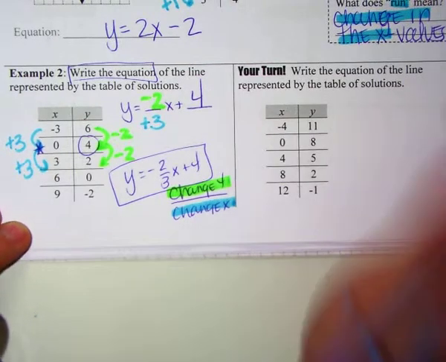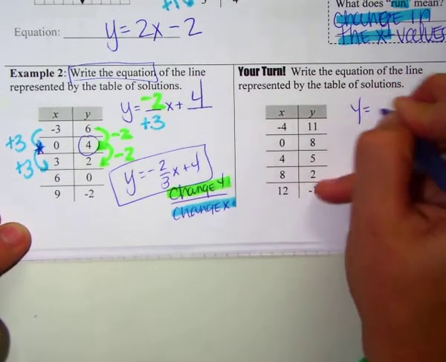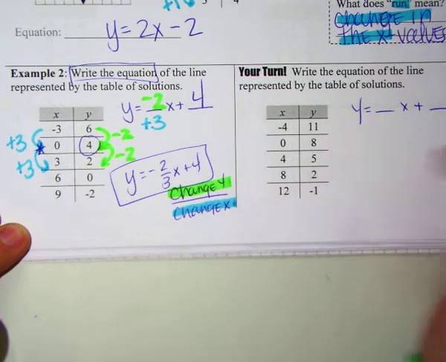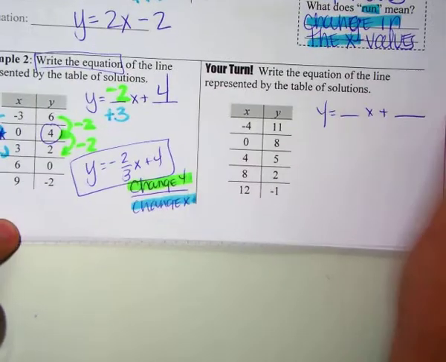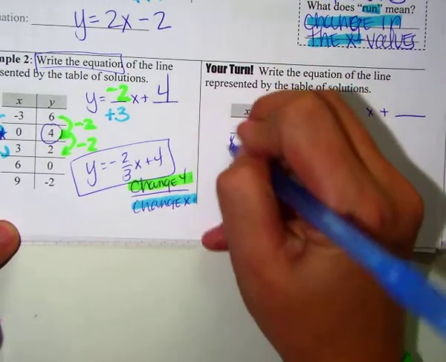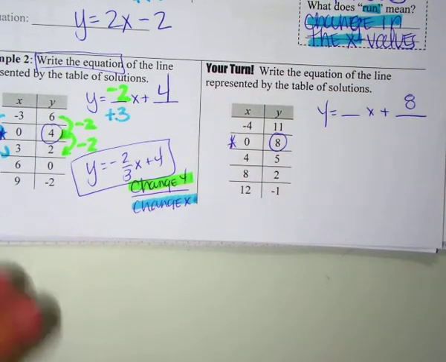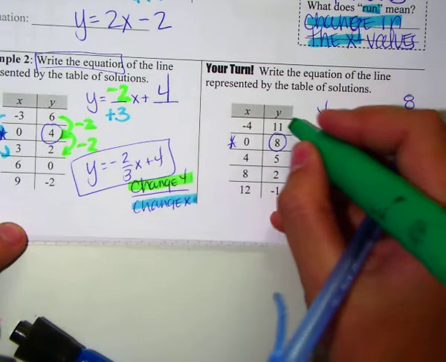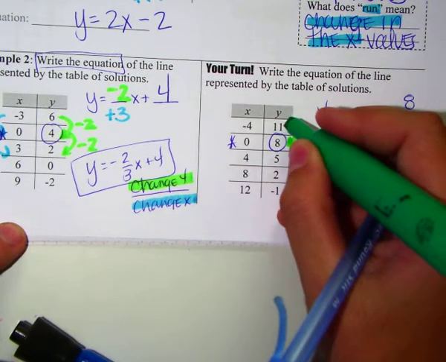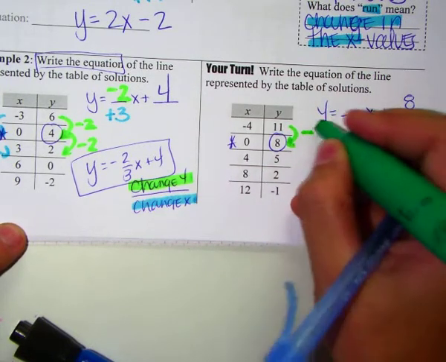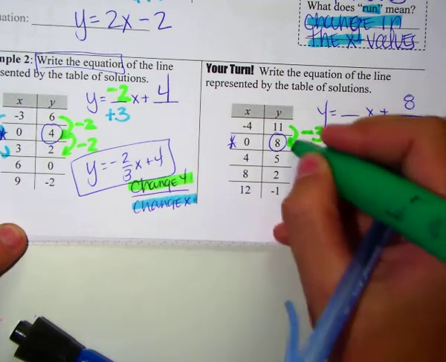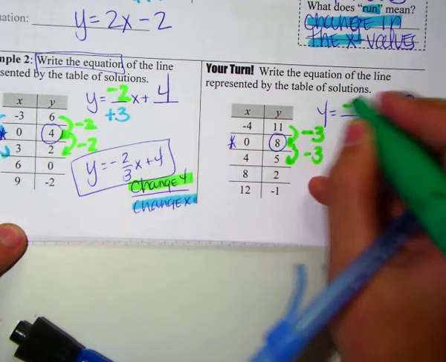The your turn problem I'll go ahead and do. Write the equation, so write the skeleton. My BFF tells me the y-intercept is 8. I need my change in y values. My y values are changing by 11 minus 3 is 8, minus 3.